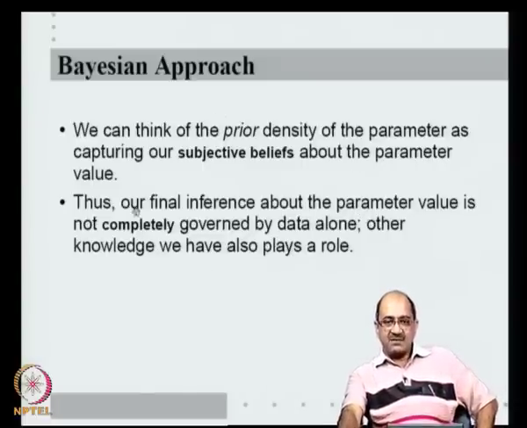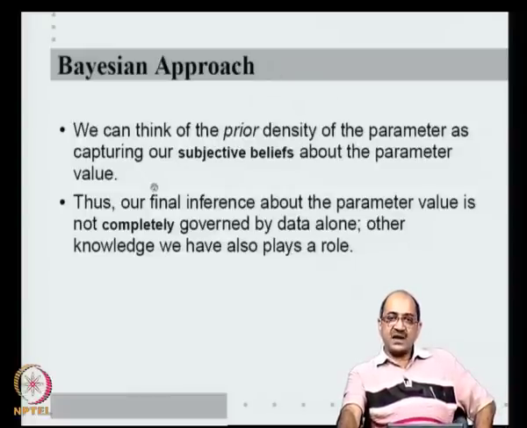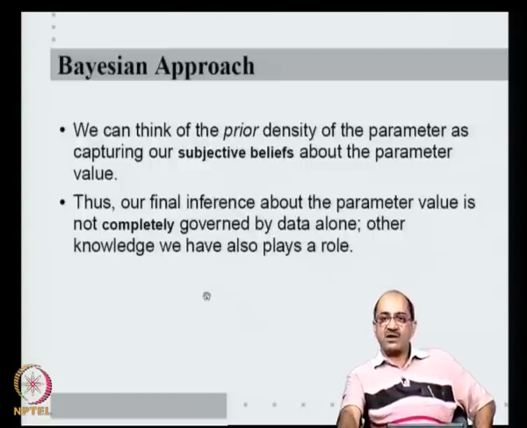I will explain a little more presently, but what it would mean is that our final inference about the parameter value is not completely governed by data alone as in ML estimate. The prior subjective beliefs I have about the parameter also play a role in making our final inference about the parameter value given the data.